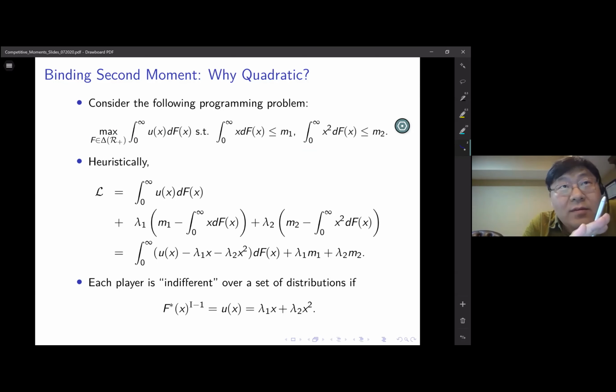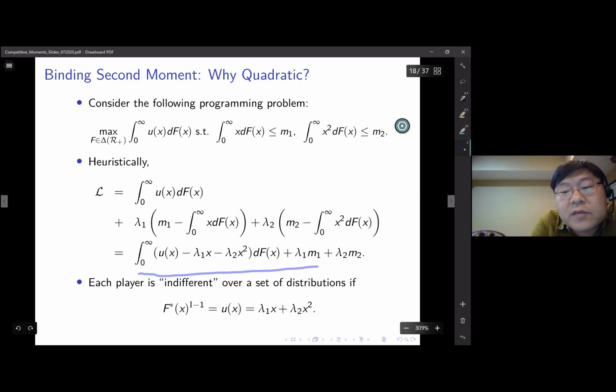And if you just write the Lagrangian function, it's going to be simply this, plus lambda 1, the Lagrangian multiplier, times m1 minus the first moment, plus lambda 2 times m2 minus the second moment. So this is the completely standard way. And then if you arrange terms, you combine these three terms, then we get this expression.